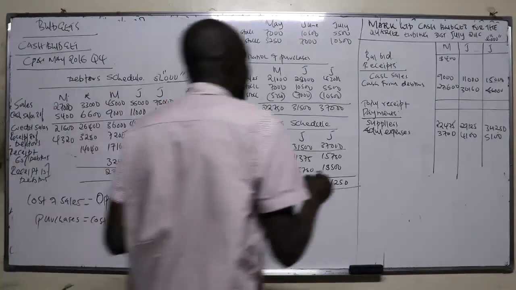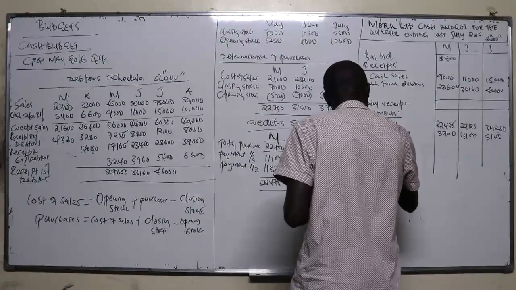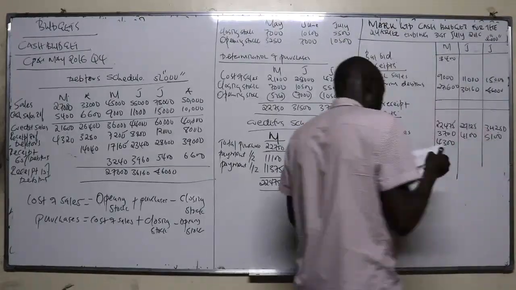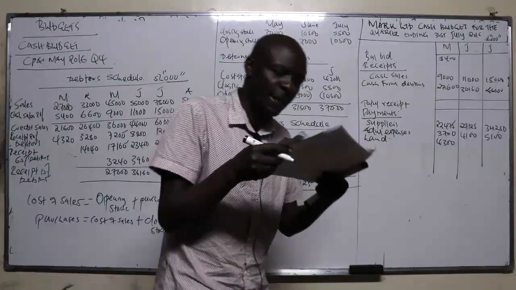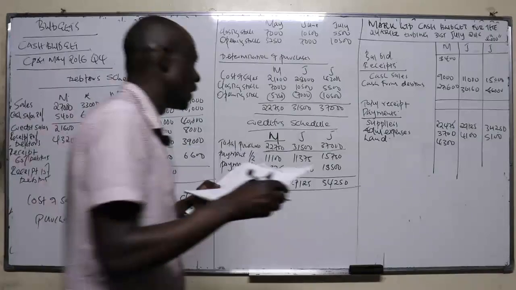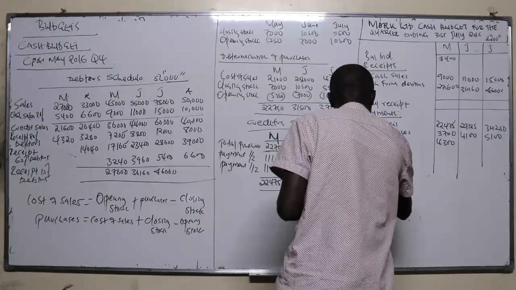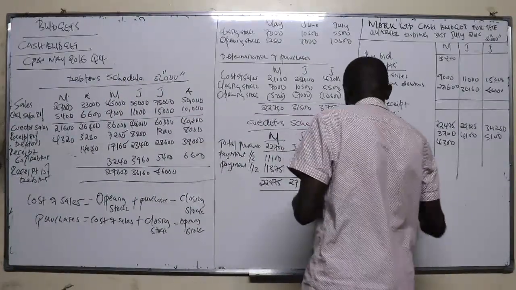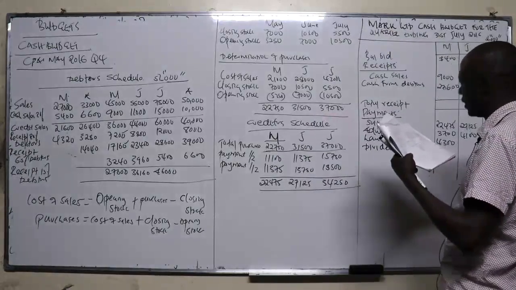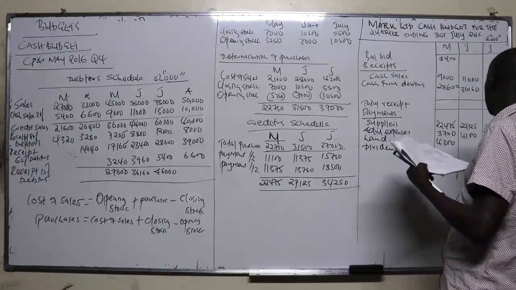So they will purchase land in May, 300,000 cash in the month. And then number 8, dividend of 1.3 million will be declared and paid in July. So they will pay the dividend of 1.3 million in July.